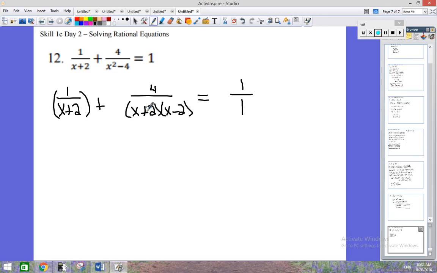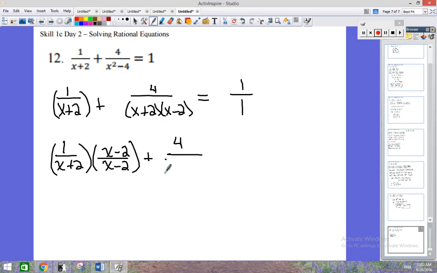I want x plus 2 times the quantity x minus 2. In this first term, I don't have that, but I can easily get an x minus 2 if we multiply by the number 1. Since this term has the denominator I want, I don't have to do anything to it.